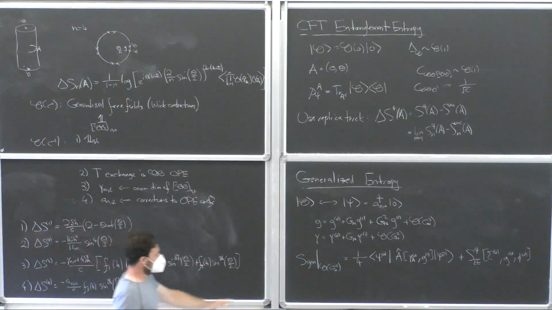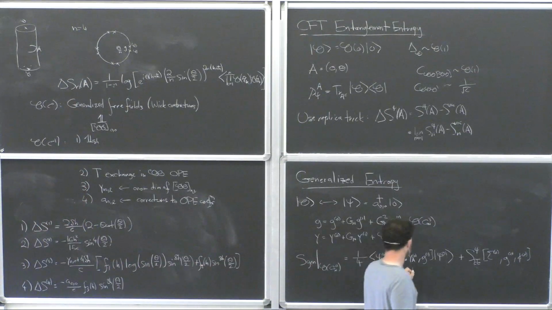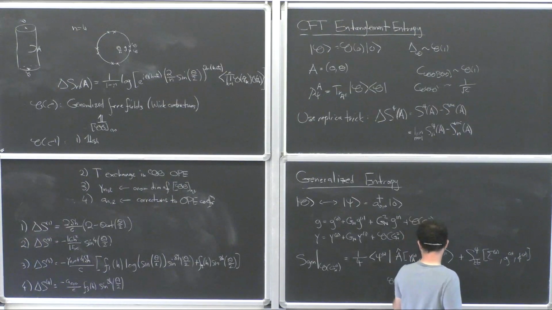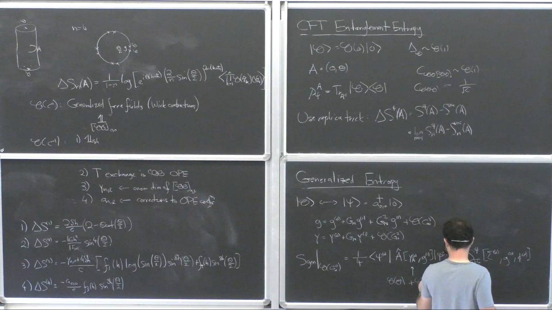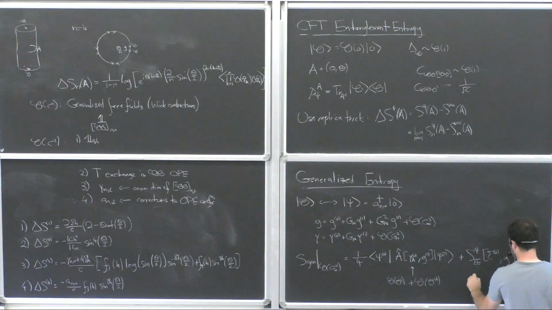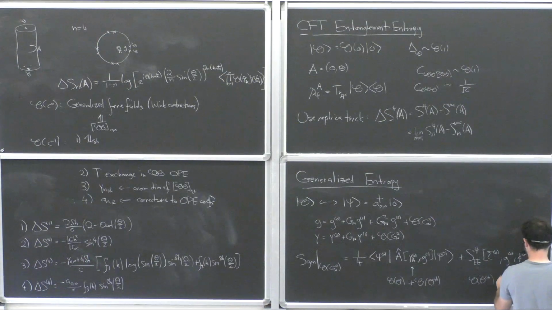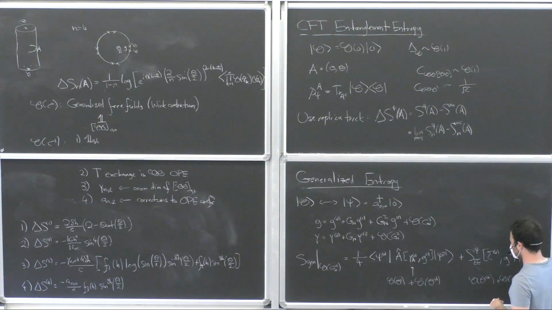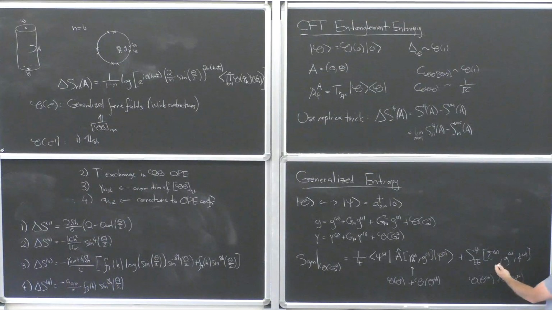Now there's a cancellation that happens. So this thing gives you something that's order theta squared plus something that's order theta to the 4h. And this thing gives you something that's order theta to the 4h plus something that's order theta to the 8h. These theta to the 4h terms actually cancel between these two. And there's a nice explanation for this, which is it's implied by the first law of bulk entanglement entropy.